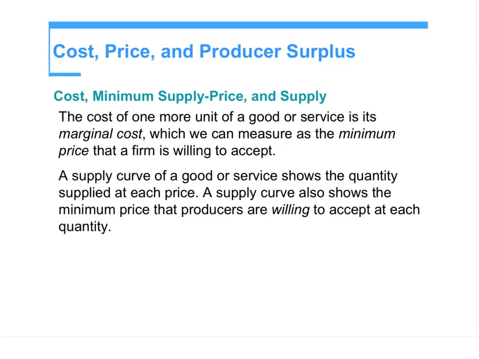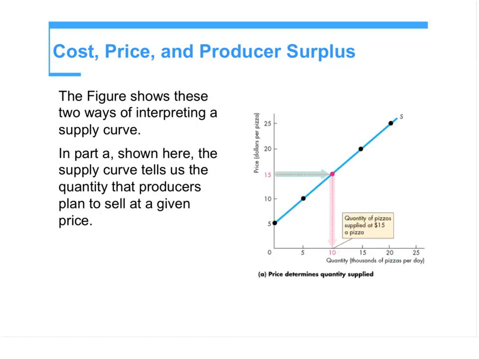The supply curve of a good or service shows the quantity supplied at each price. The supply curve also shows the minimum price that producers are willing to accept at each quantity. So when you go to the supply curve, it's the minimum that the supplier is willing to accept. The supply curve tells us the quantity that producers plan to sell at a given price.